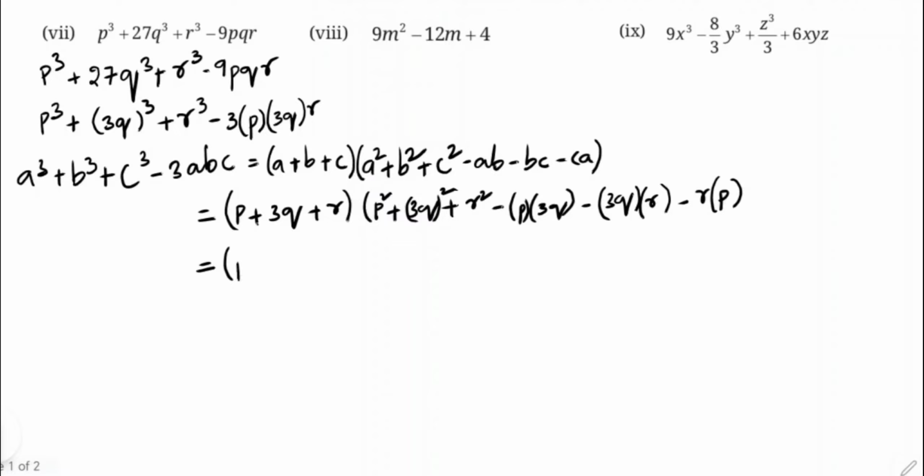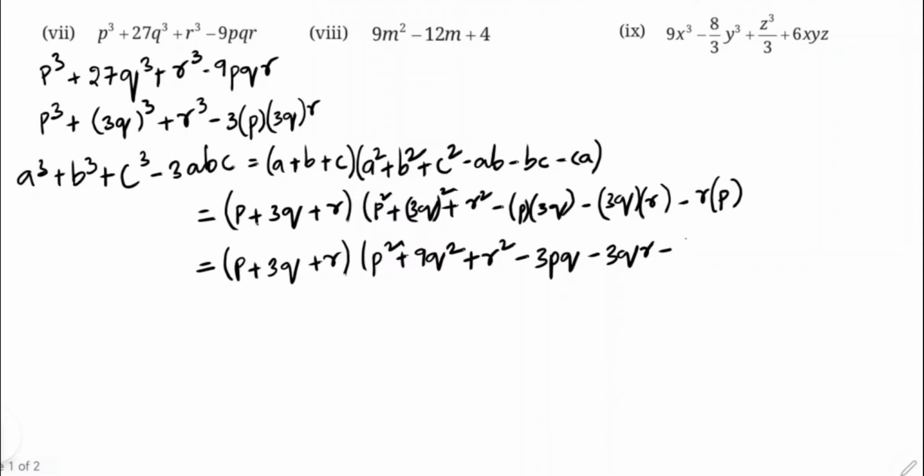So here we can write p plus 3q plus r, into p square plus 3 square is 9, q square plus r square minus 3pq minus 3qr minus pr. So this is the required solution.